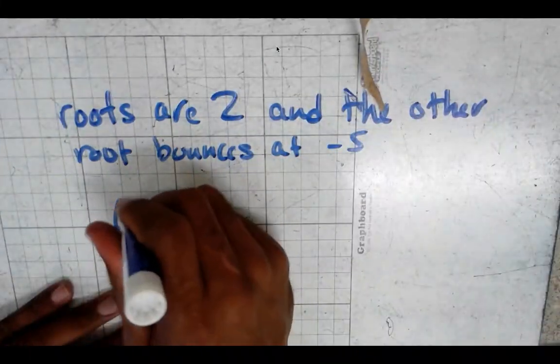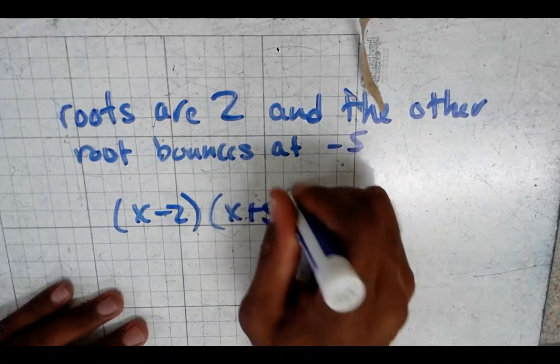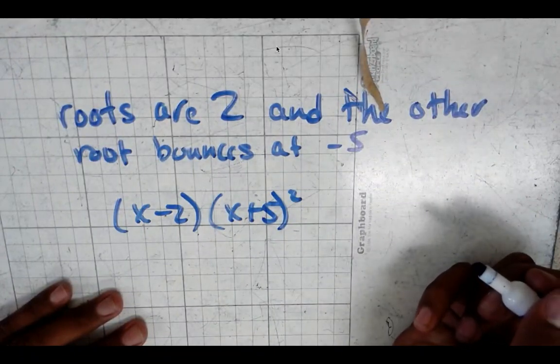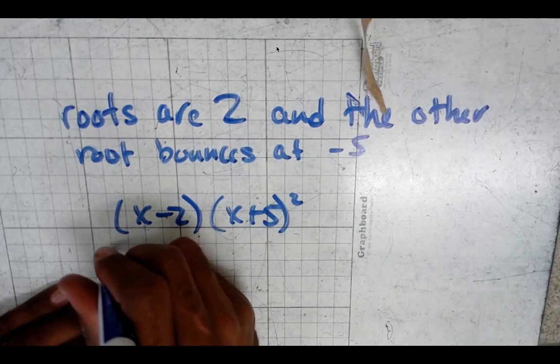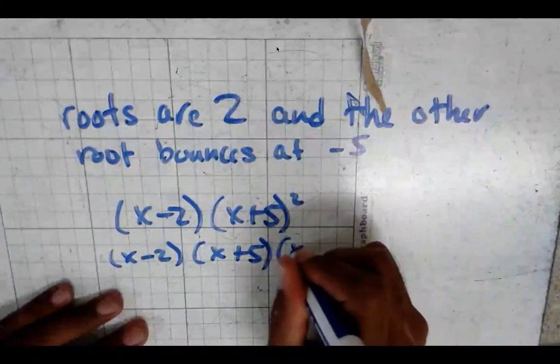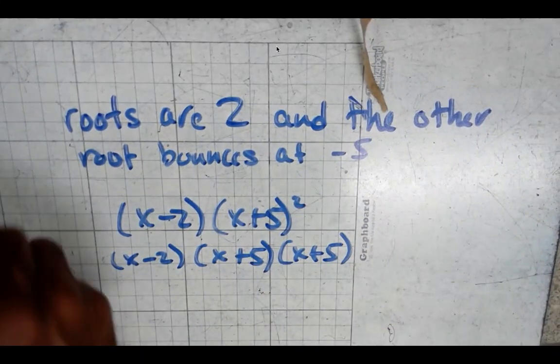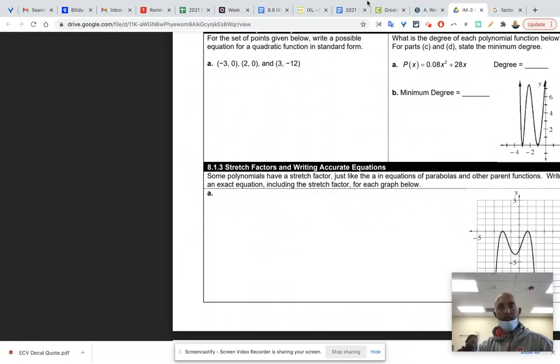When I set that up, I'm going to put x minus 2 and x plus 5, but then don't forget this has to be squared. Has to be squared, which then ends up being that I have x plus 5 and x plus 5 again. Okay? So that's just a side note. All right? That's it.